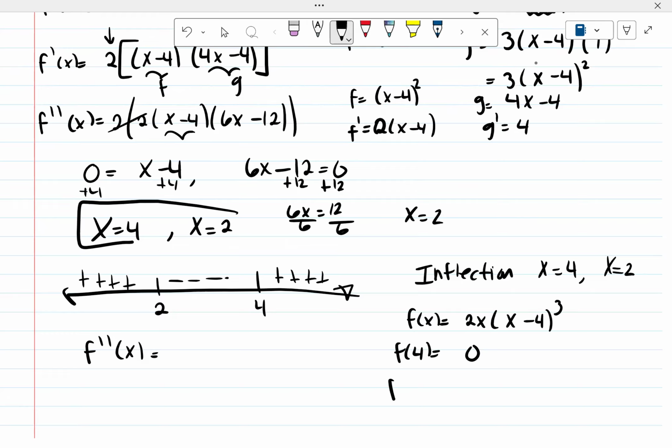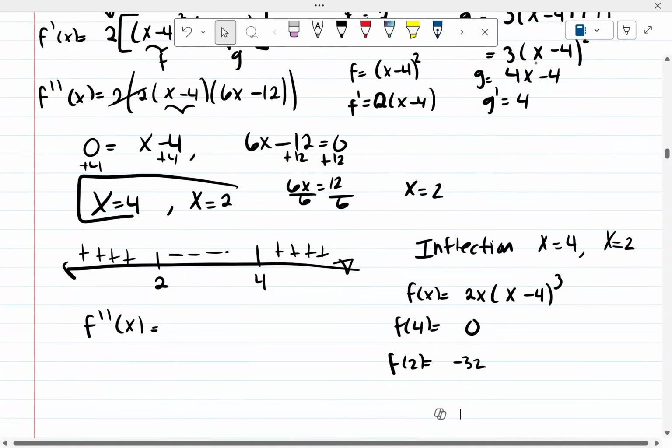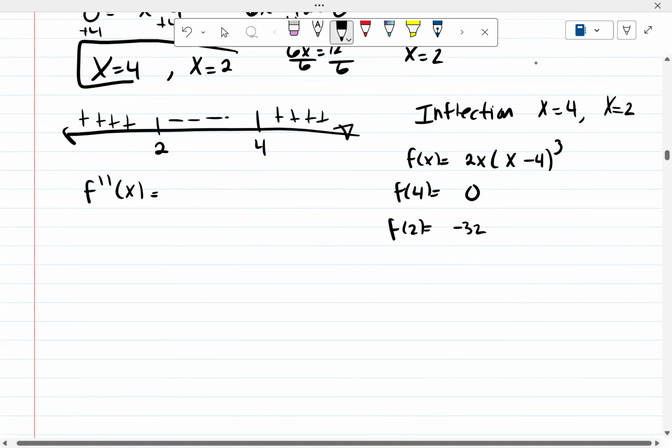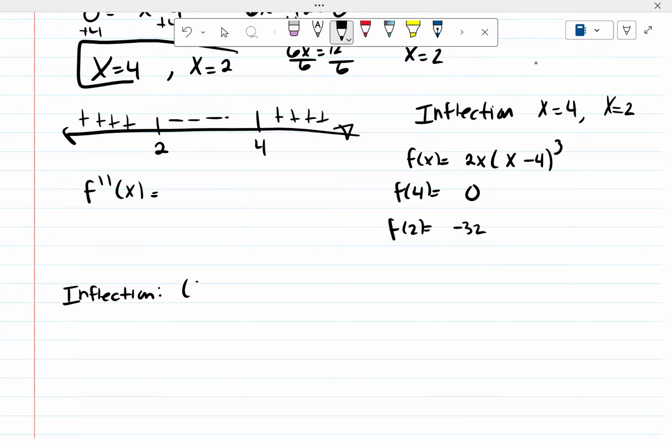And when I plug in 2, it should give you negative 32. So you have an inflection coordinate at 4 comma 0 and 2 comma negative 32.